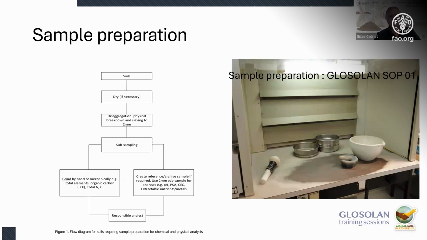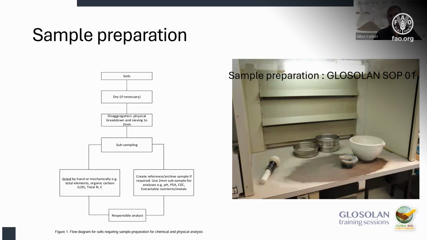And the difficulty is to be gentle with the aggregate. So you disaggregate the aggregate, but you don't break the stones. And sometimes if you have chalk or very smooth stones, it might be somewhat difficult.